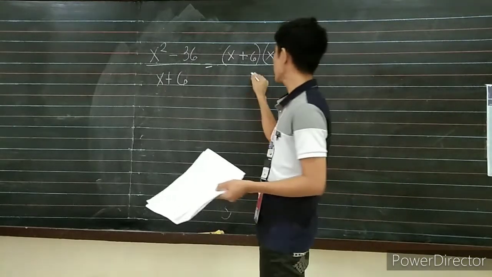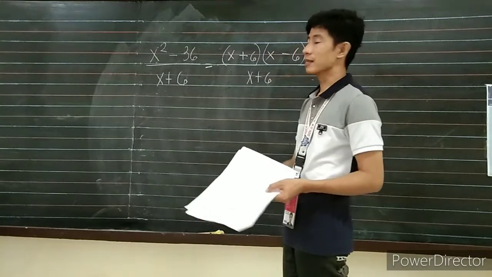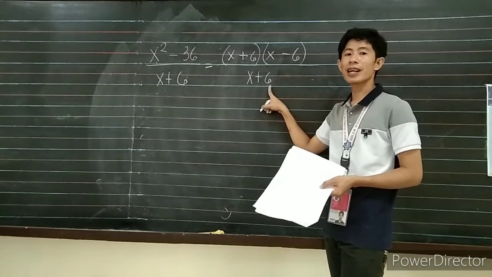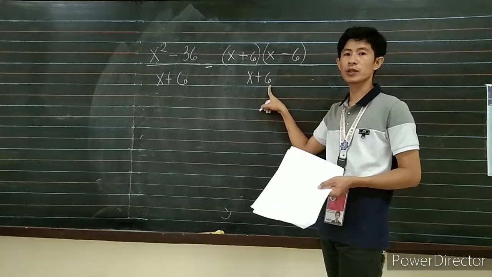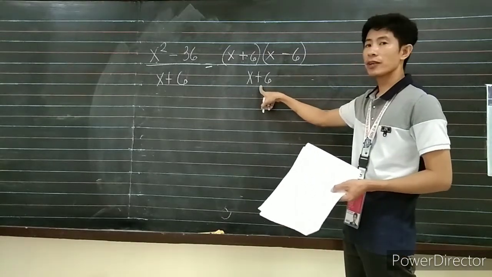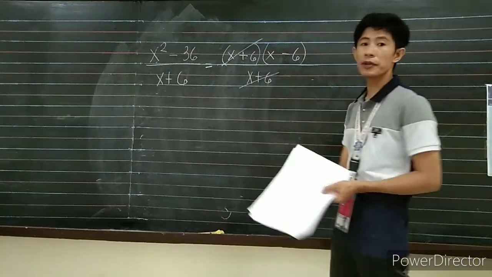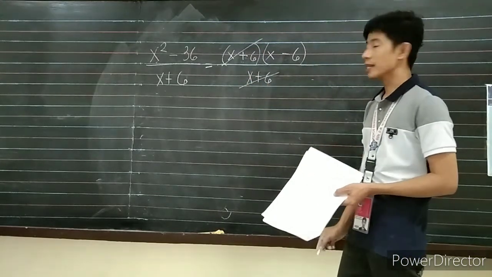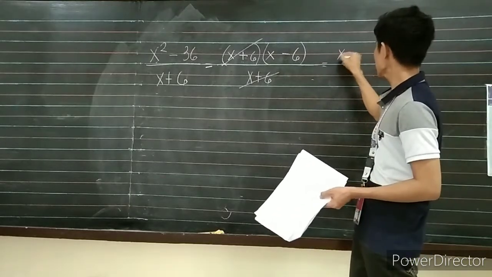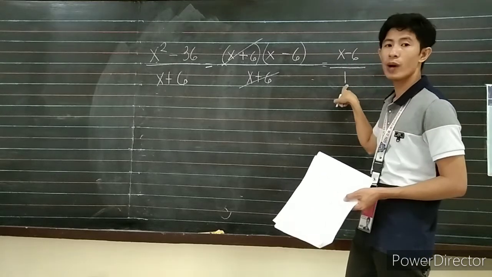And then copy the denominator, which is x plus 6, because it is already written in its factored form, or simplified form, so there is no need to factor it out. Then we cancel out the common factor, which is x plus 6. What is left in the numerator is x minus 6, and in the denominator we have 1.